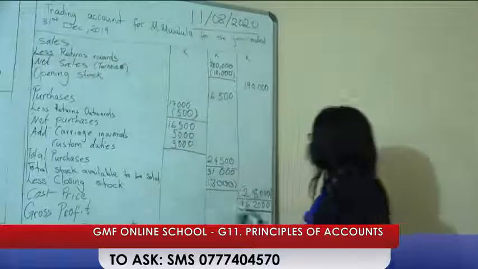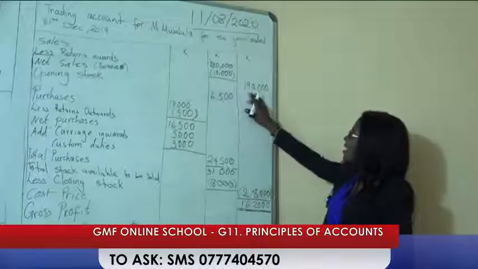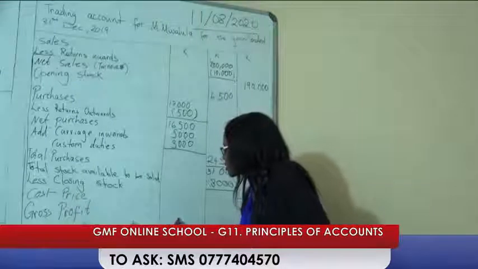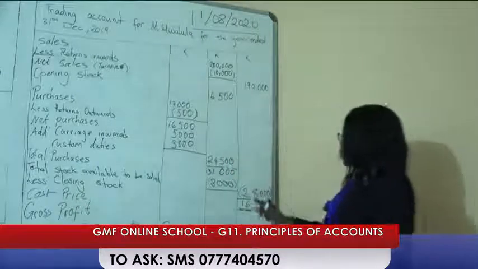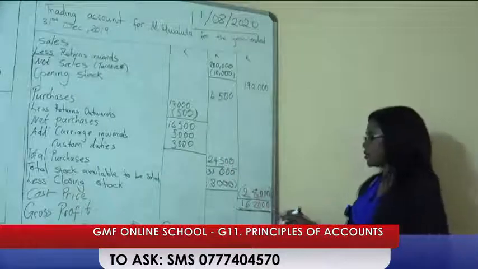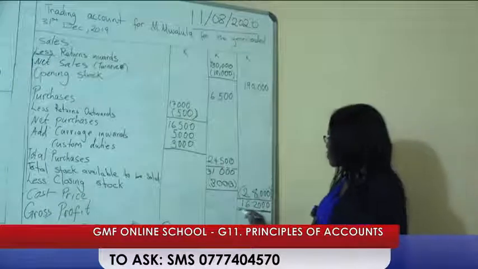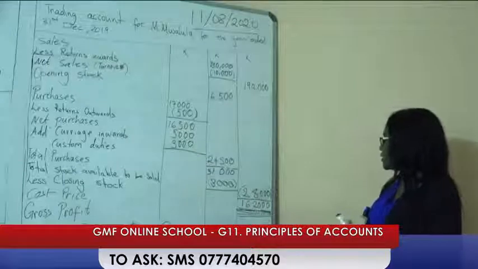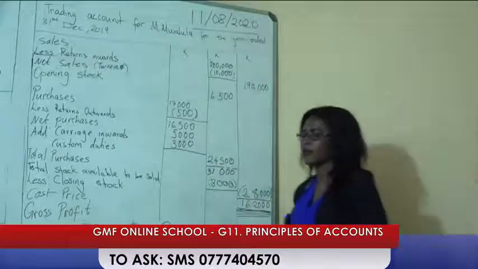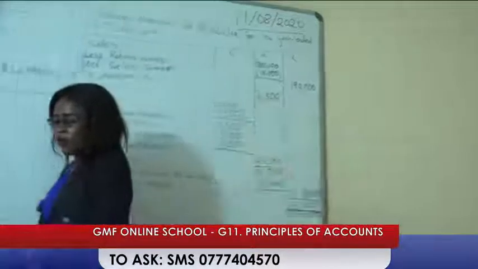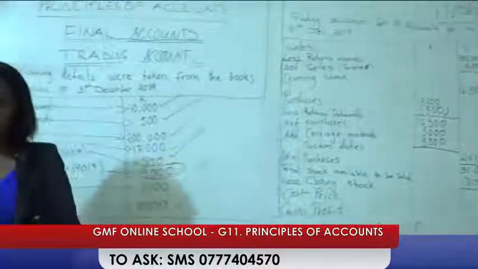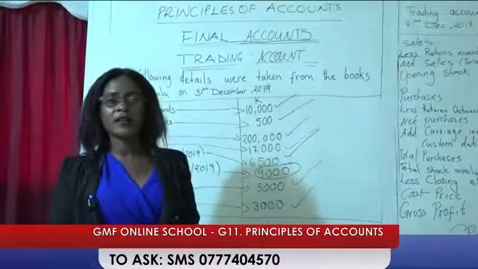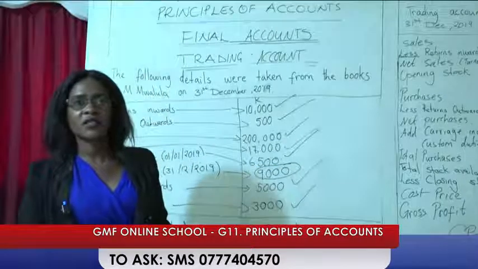In this case, our selling price was 190,000 minus the cost price of 28,000 kwacha, and our gross profit was 162,000.